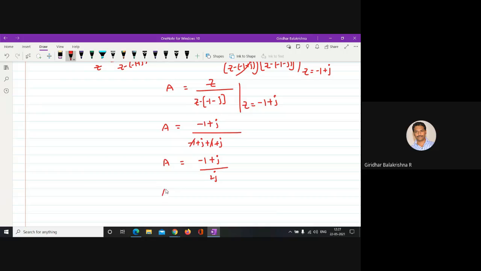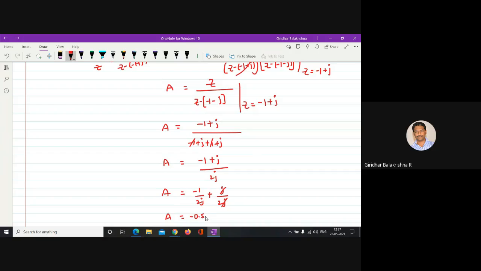This can be represented as A equal to -1 by 2j plus j by 2j. So here j and j get cancelled. Therefore, A equal to -1 by 2j plus 1 by 2.